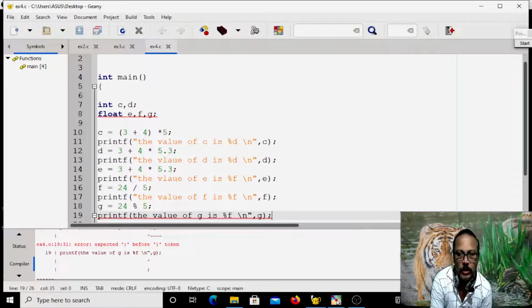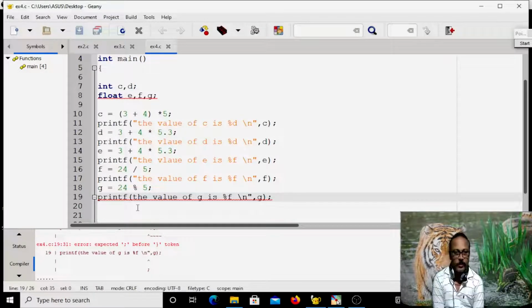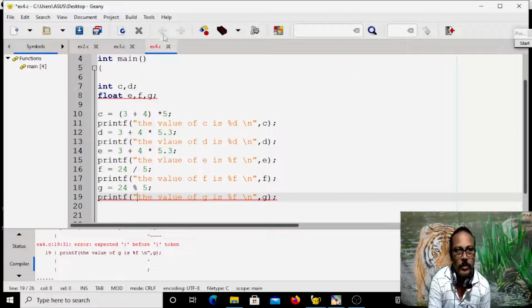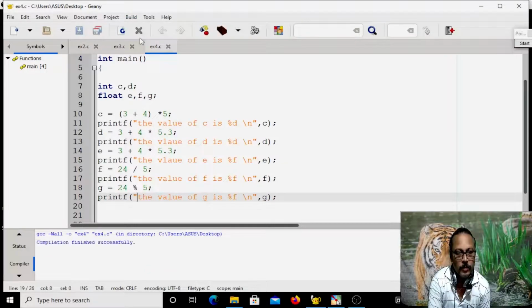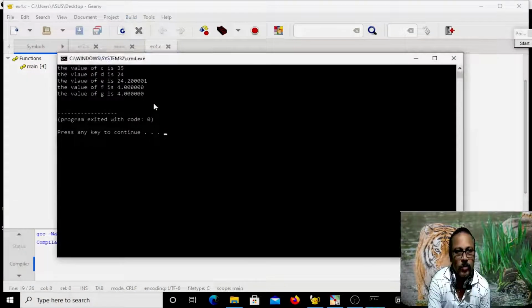So the error is showing on this line. Can you identify it? Red line. There is one error, not about the semicolon actually, something else. What is it? Here, that double quote, the beginning quote, is not available.